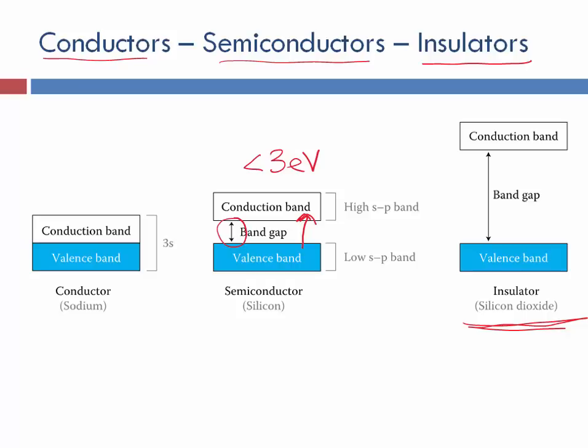And in a conductor, the conduction and valence bands are basically overlapping, so it takes almost no energy at all to get electrons out of the valence band and into the conduction band, which is why conductors like metals move a lot of electrons, and you can move electric current very well through them. That's why they're called conductors. So this concept of the band gap is how we define the difference between insulator, semiconductor, and conductor.